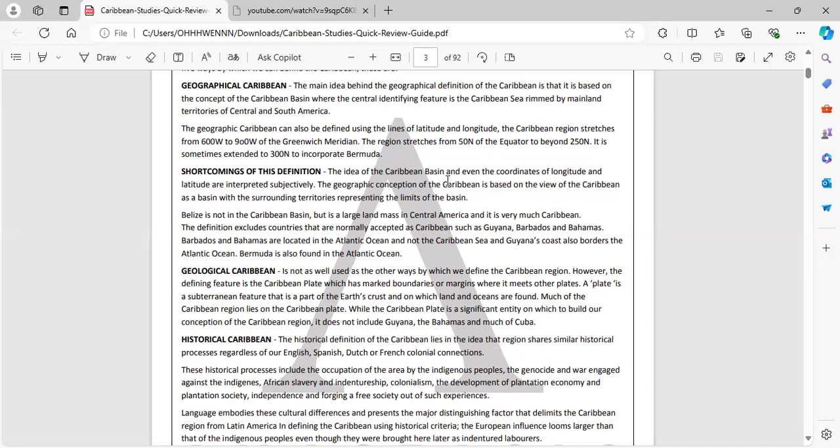They can ask you to define the geographical Caribbean, or ask you to talk about the history of the Caribbean, and why Guyana is in the Caribbean but not in the geographical definition. So for the limitations to each, define it as you said.